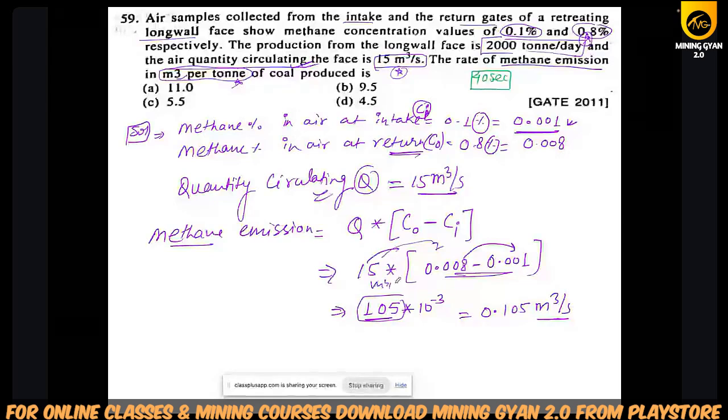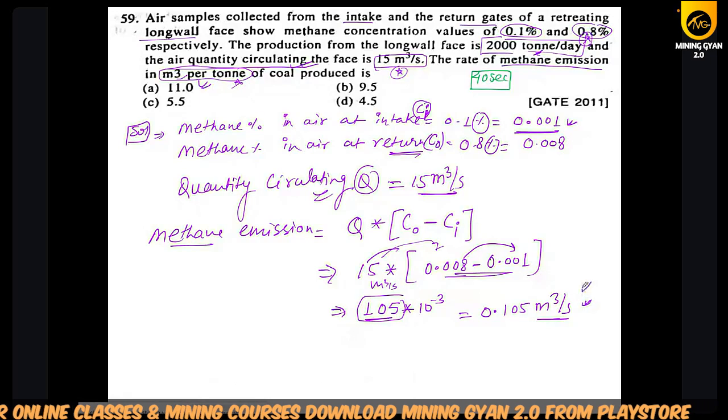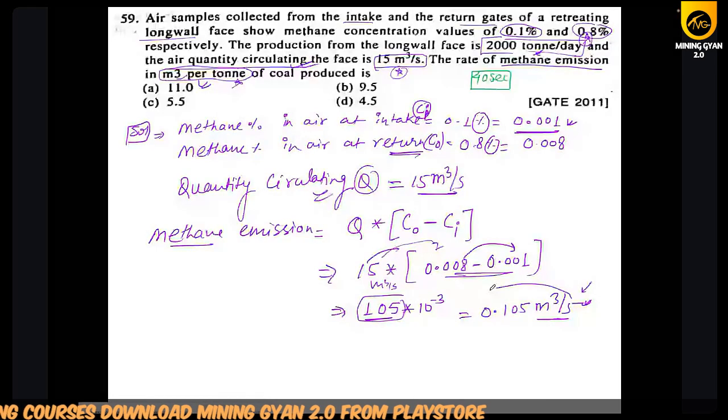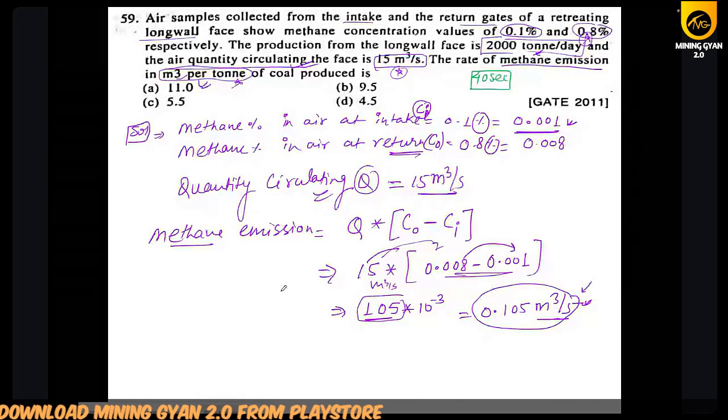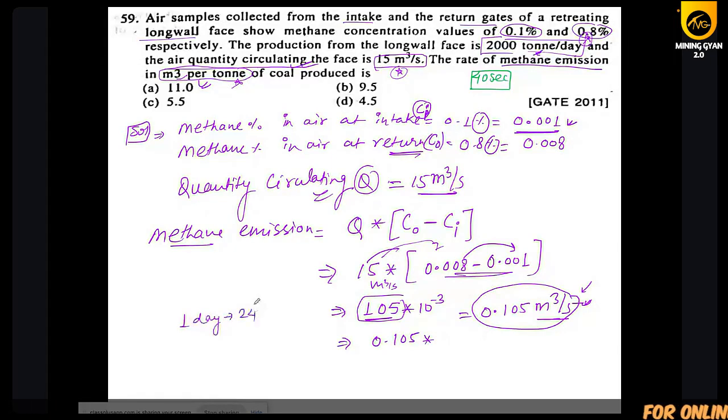Now you have to change the value. Why? Because he asked in meter cube per ton and here he has said ton by day. So we have to calculate this value in meter cube per day. सो डे से डे कट जाएगा. So 0.105 meter cube per second you have to change. In one day everybody knows 24 hours, so you have to multiply by 24 hours.